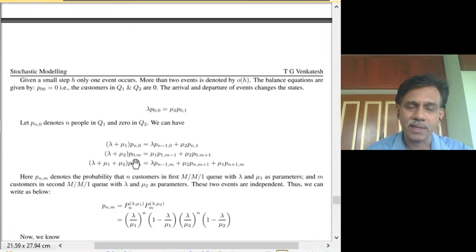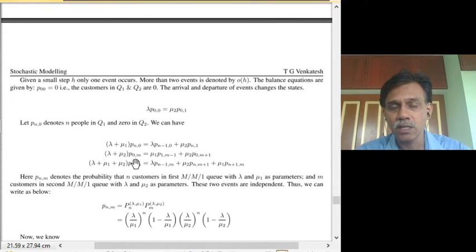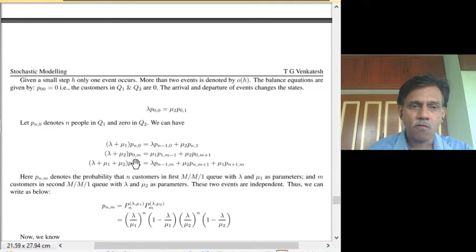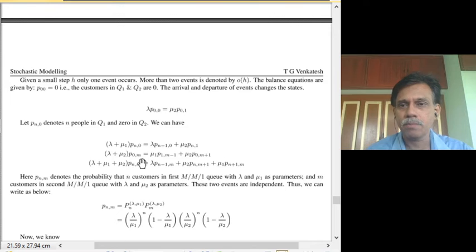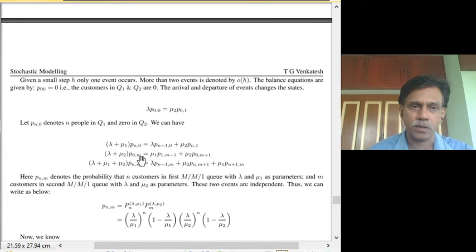Then we will look at the other case when there are 0 customers in the first queue and m customers in the second queue, and look at the detailed balance. What will take you out of 0m? An arrival of a customer or a departure of a customer in the second queue. Because the first queue is empty, there is no concept of service completion in the first queue, so mu1 will have no role here.